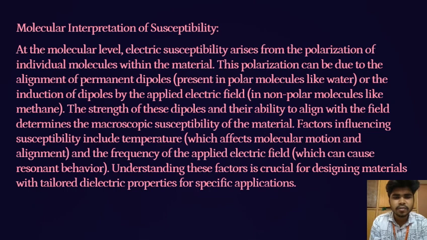The strength of these dipoles and their ability to align with the field determine the macroscopic susceptibility of materials. Factors influencing susceptibility include temperature and the frequency of the applied electric field, which can cause resonant behavior. Understanding these factors is crucial for designing materials with tailored dielectric properties for specific applications.